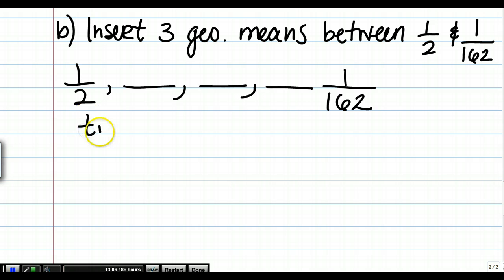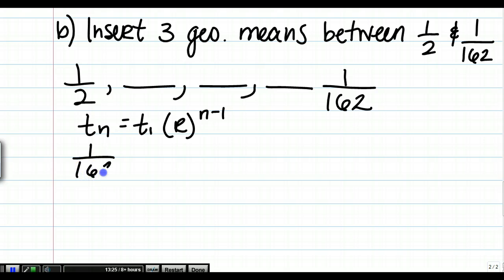So we're going to use our geometric formula. And we're going to use this last one to help us find our r so that we can find the ratio here. So let's say the last term here is 1 over 162. Our first term is a half. We don't know what r is. We know that this is the 1, 2, 3, 4, 5, so the 5th term. And we will solve for r.